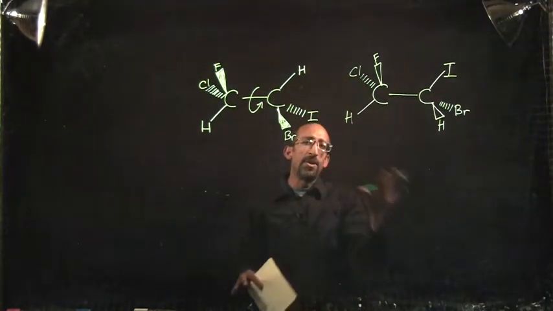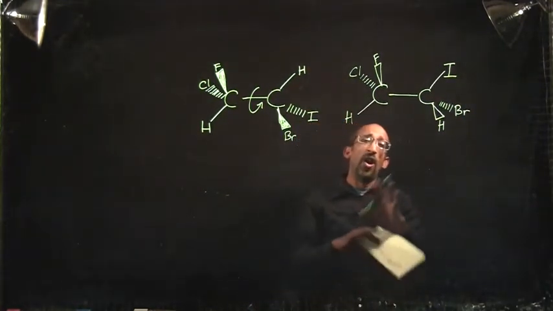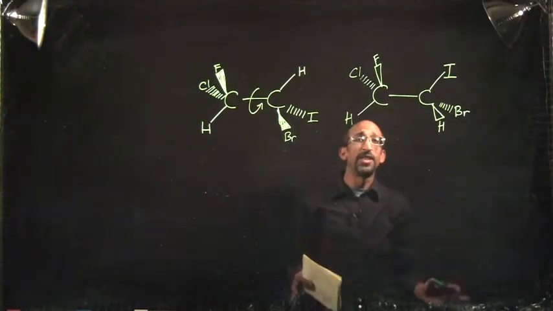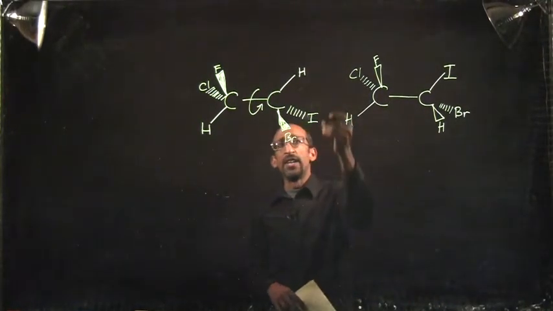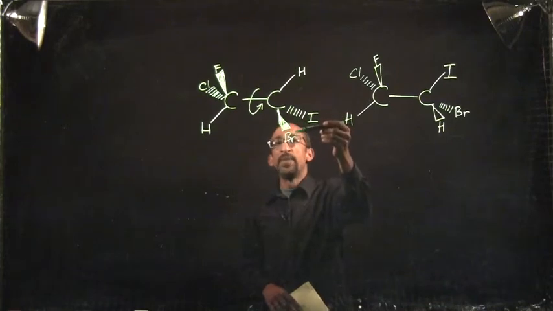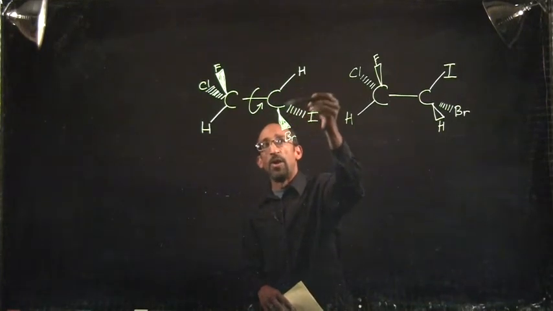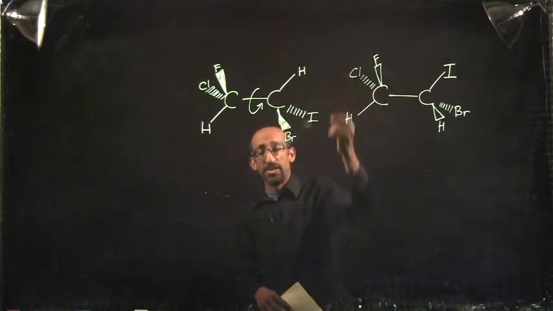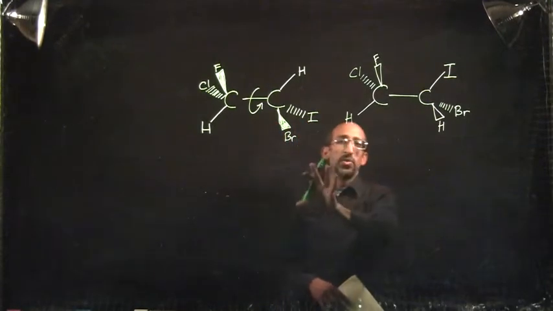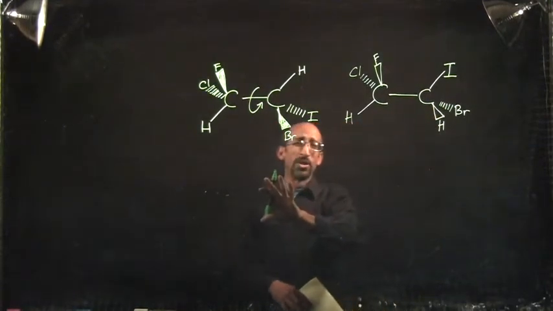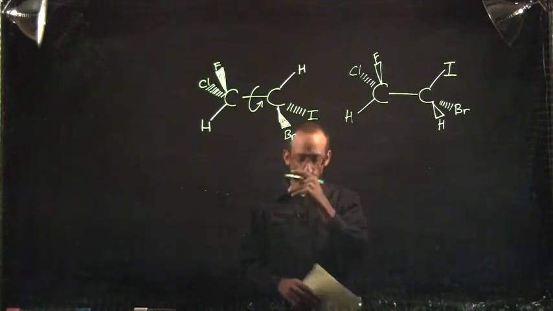So all of my bond paths are the same. All of my electrons are in the same places. All I've done is rotate one atom of this around this single bond, which moves its three substituents. Okay? These would be two conformers of the same molecule.